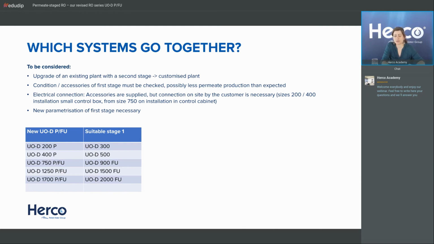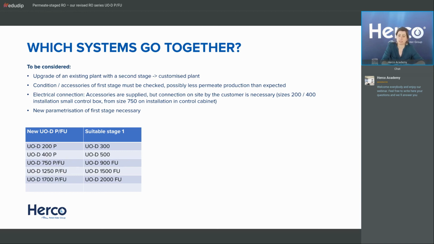The second stage is not included in our catalog with a separate item number and a separate price, but we can do a quotation. We haven't included it in the catalog for a reason. Usually if you have an upgrade, it's always a customized plant. So we need to check the unit that is installed. What accessories do you have there?